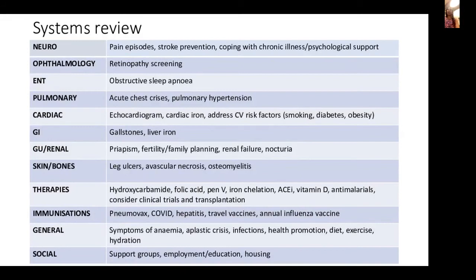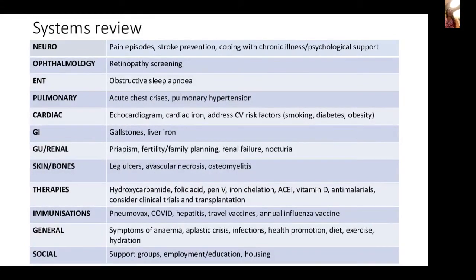They may be on hydroxycarbamide for stroke prevention, or transfusions. Those are the modifying treatments currently. It's really important to just have an open dialogue about how they're coping with a chronic illness, and if they need any psychological support. Make sure they've been to retinopathy screening.